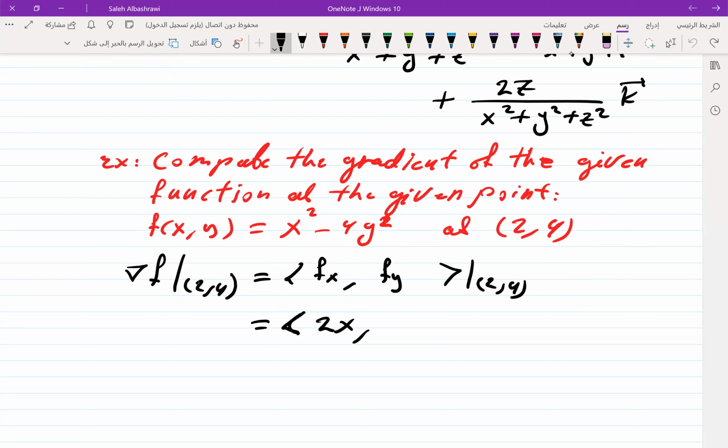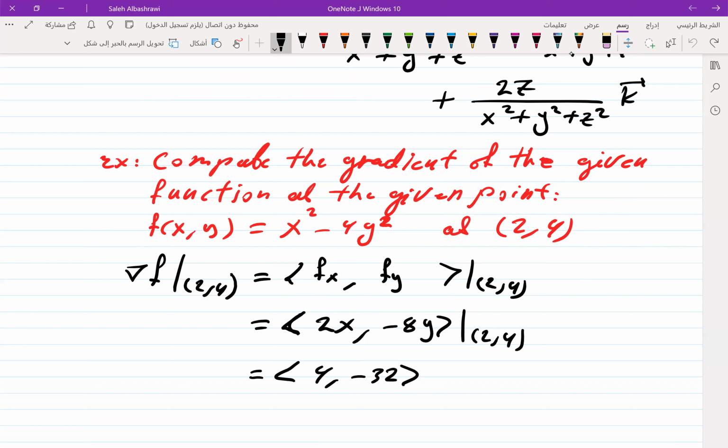Partial derivative with respect to y is minus 8y at 2 and 4. Now substitute, replace x by 2 and y by 4. This will be 2 times 2 is equal to 4, and minus 8 multiplied by 4 is minus 32. So the gradient at 2 and 4 is equal to 4 and minus 32.